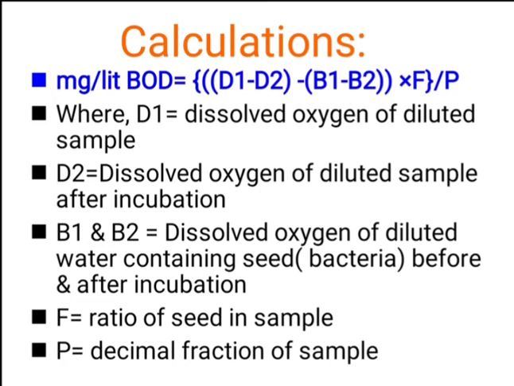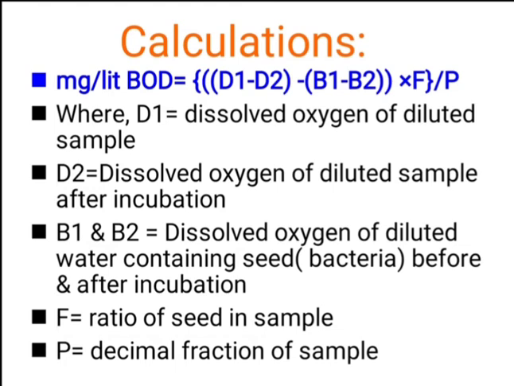D2 is the dissolved oxygen of the diluted sample after incubation of 5 days. Then B1 and B2 are the dissolved oxygen of diluted water which contains seed bacteria before and after incubation. And F is the ratio of seed in sample and P is the decimal fraction of the sample.